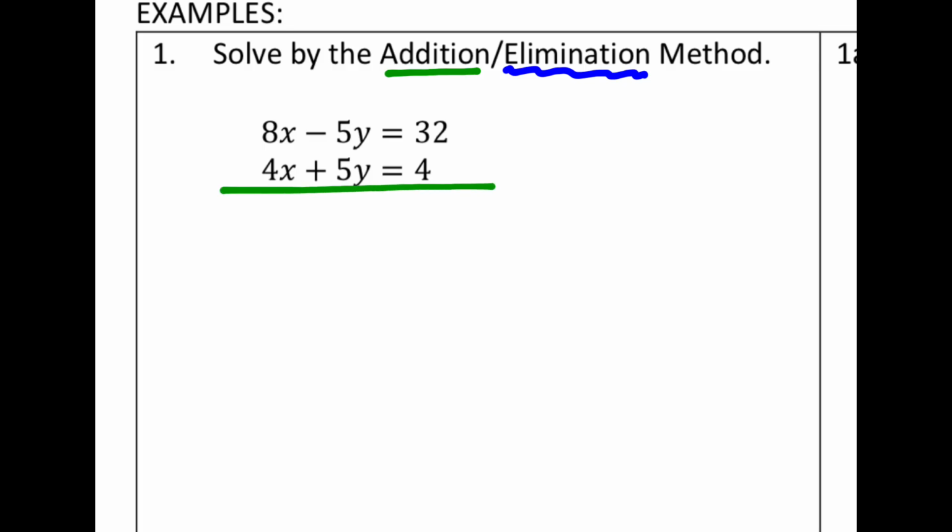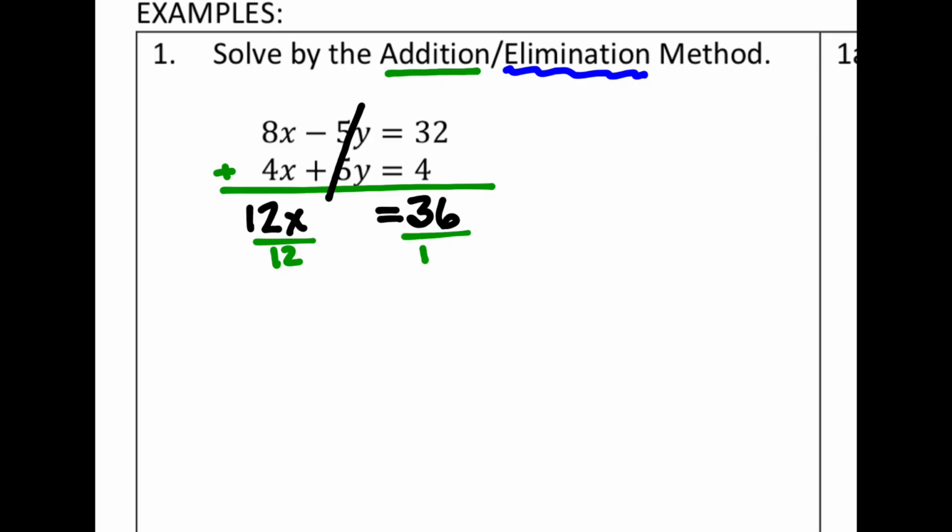We're going to add the two equations together. And notice that the 5y's cancel out. It was set up to have this happen. Sometimes you're going to have to make it happen, and I'll show you how to do that. So now add straight down. We get 12x, the y's are gone, equals 36, which is now one equation with one variable.